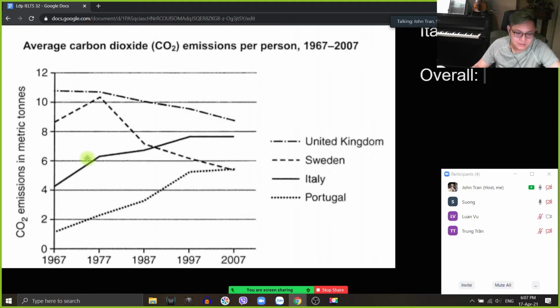Yeah. Okay. Anything? Portugal and Sweden from now have the same carbon dioxide emission. Italy and United Kingdom are going on the path to intersect with each other, right?